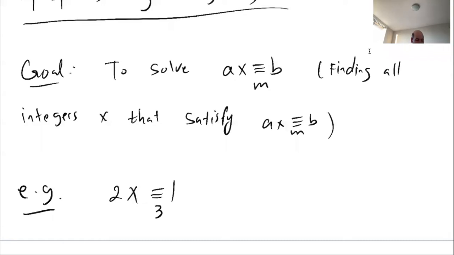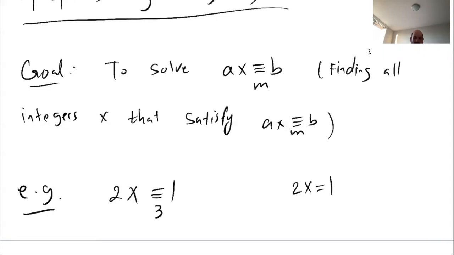You may tell me that if it was, for example, 2x equals 1, then we multiply both sides by 1/2, and then we get x equals 1/2. But 1/2 is not an integer, right? So in number theory, please remember that we always work with integers. So we normally won't accept fractions.